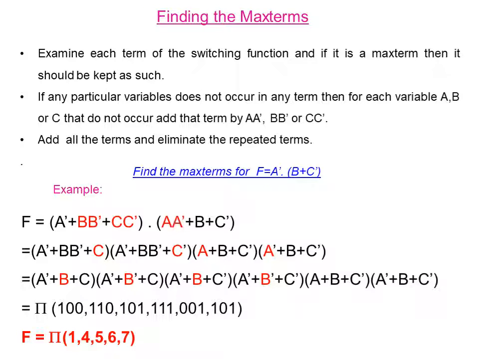Then this max term is split into two like this, and this max term is split into two. So finally we will get 6 max terms. Then we have to eliminate the repeated max terms, write the equivalent binaries, then convert into decimal. This is the expression representation for POS form.